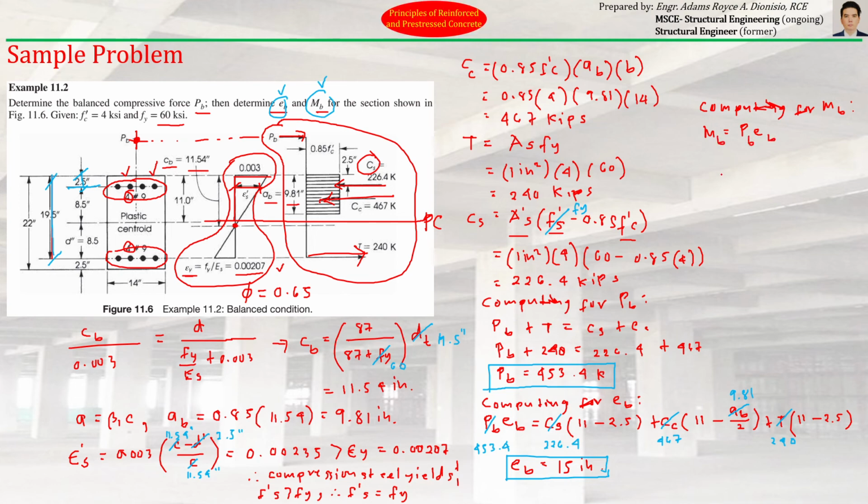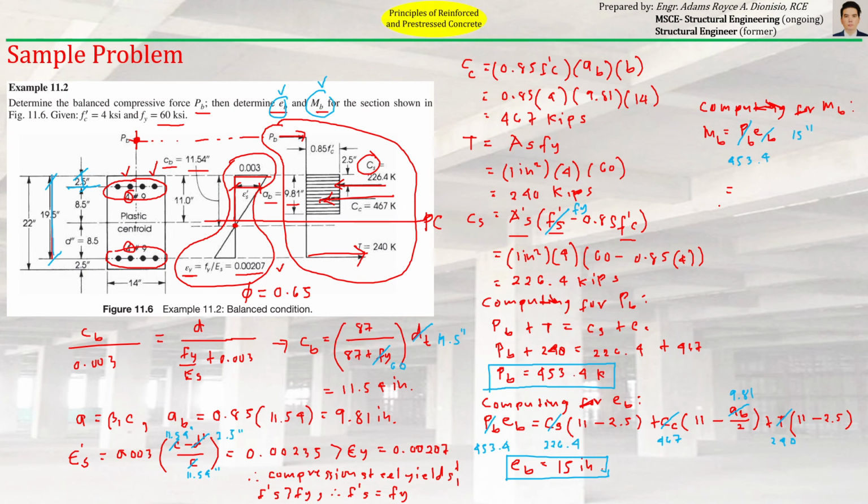We can just simply substitute the corresponding values of PB, which is 453.4, as well as EB na 15 inches. In that way, we can easily compute for the balance moment. And that will just be equal to 453.4 kips times 15 inches.